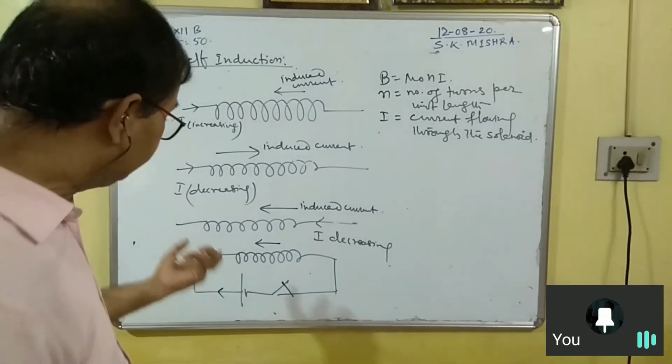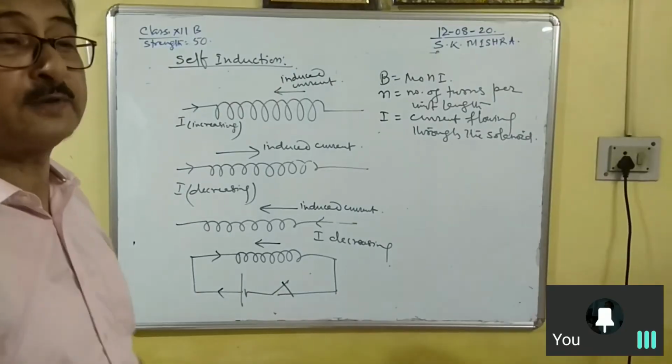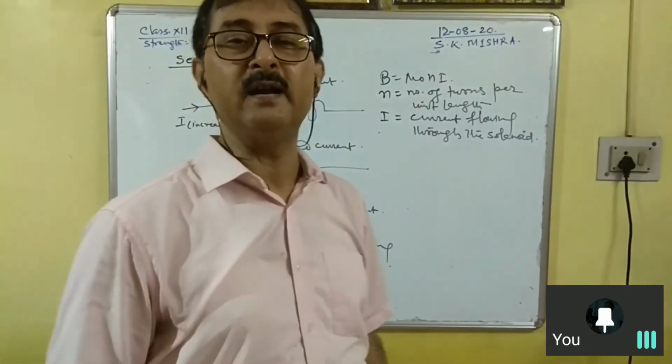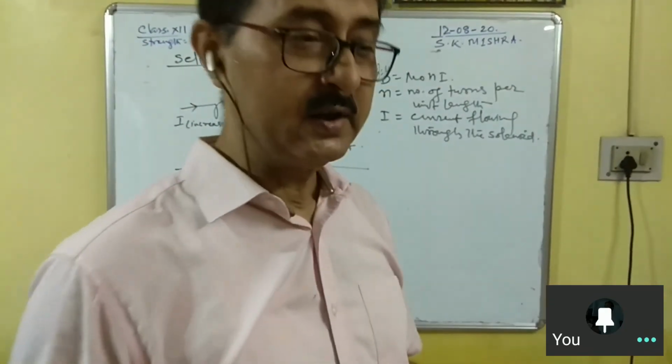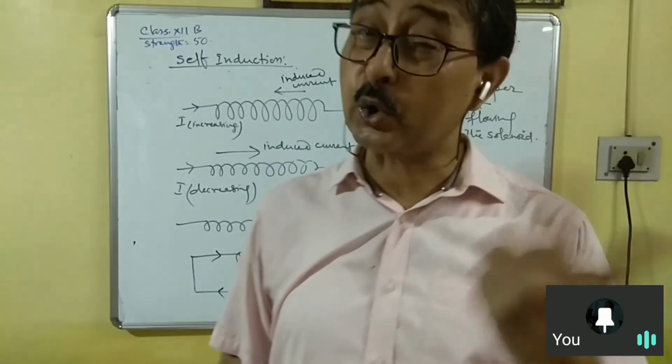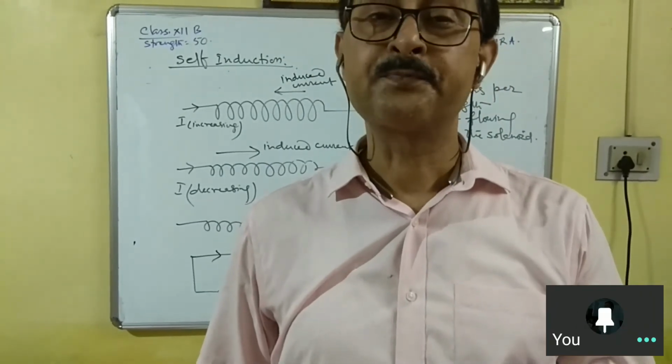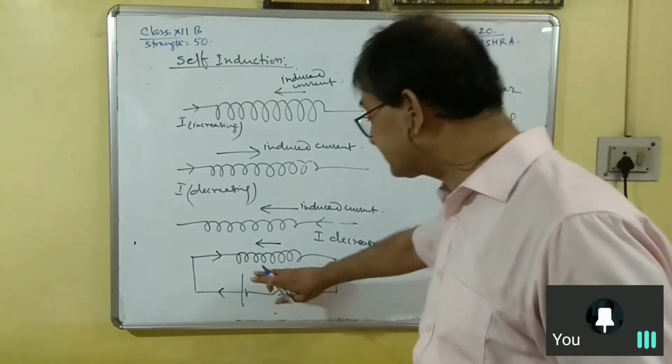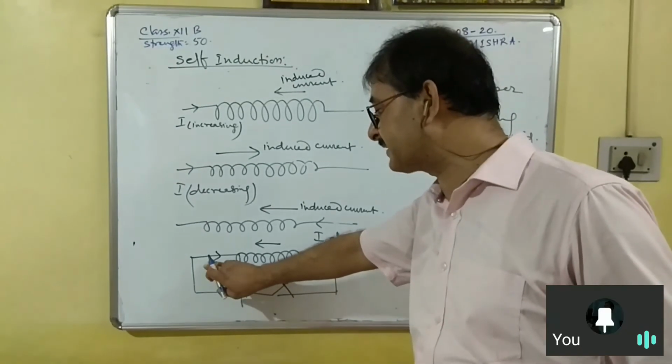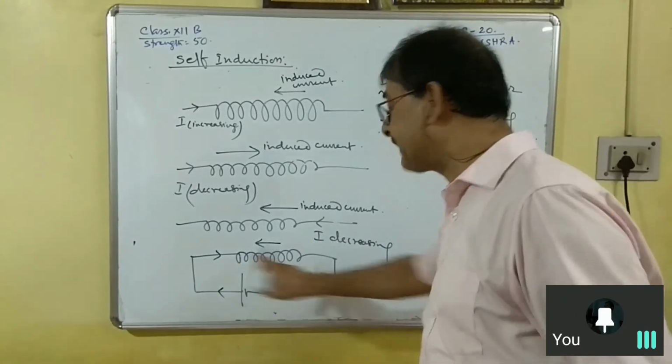So this particular behavior, phenomena of the coil, property of the coil, by virtue of which it opposes both the growth and decay. Remember, the moment the current attains its maximum value, the phenomena disappears.